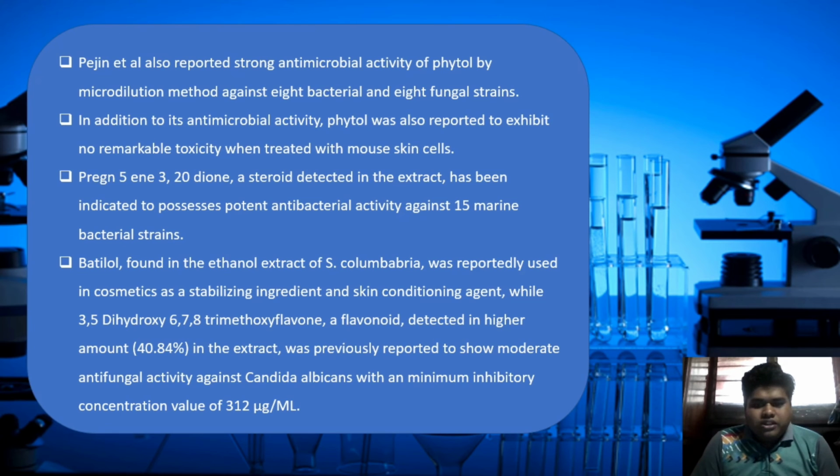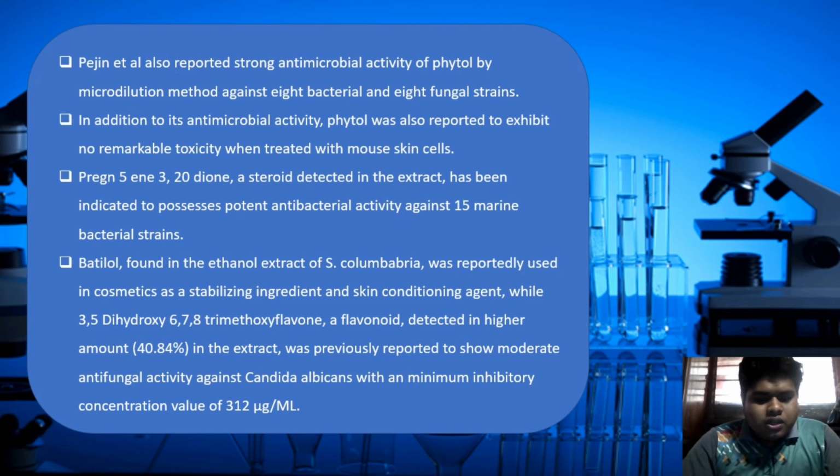Batilol was reportedly used in cosmetics as a stabilizing ingredient and skin conditioning agent, while 3,5-dihydroxy-6,7,8-trimethylflavone was detected in higher amount, which is 40.84% in the extract, and was previously reported to show moderate antifungal activity against Candida albicans with a minimum inhibitory concentration value.